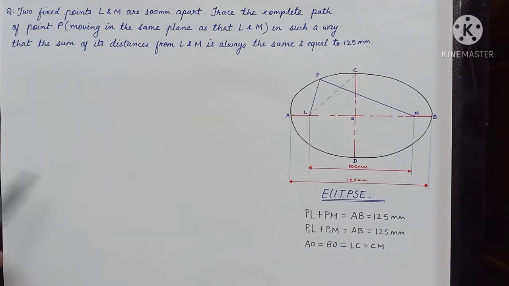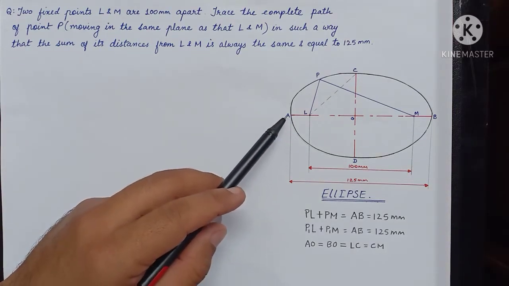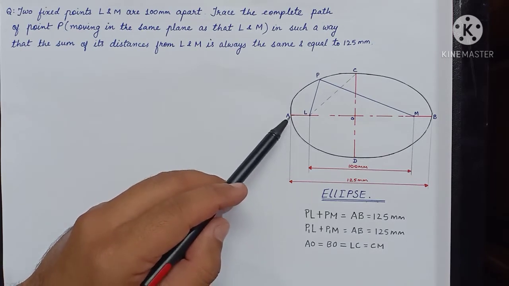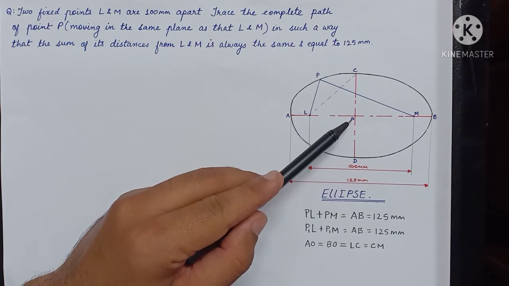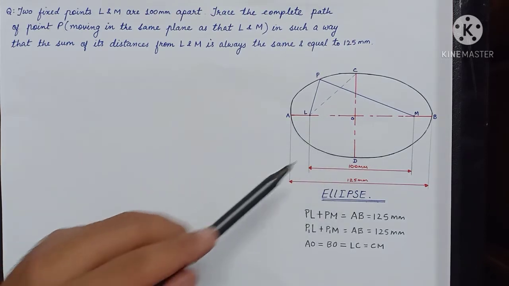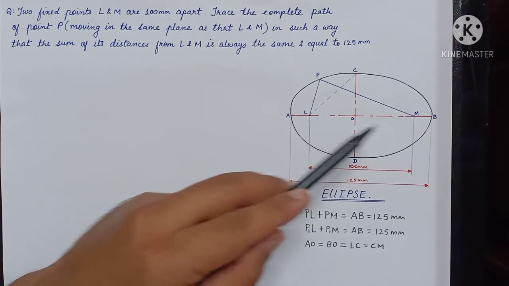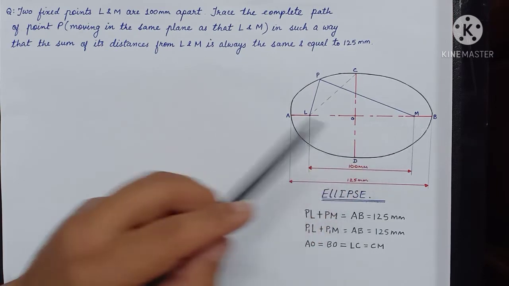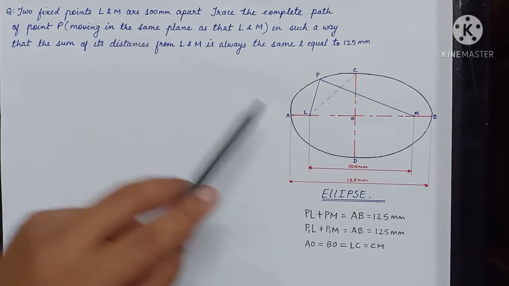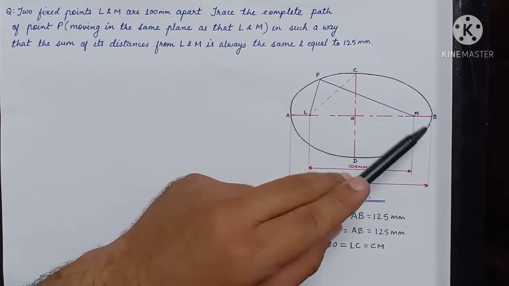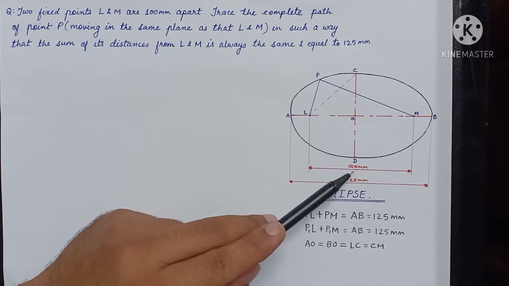mm. I have shown a figure here which shows an ellipse with major axis AB and minor axis CD and center O. I have placed 2 points L and M which has been mentioned in question that are 100 mm apart. Distance between L and M is 100 mm apart.